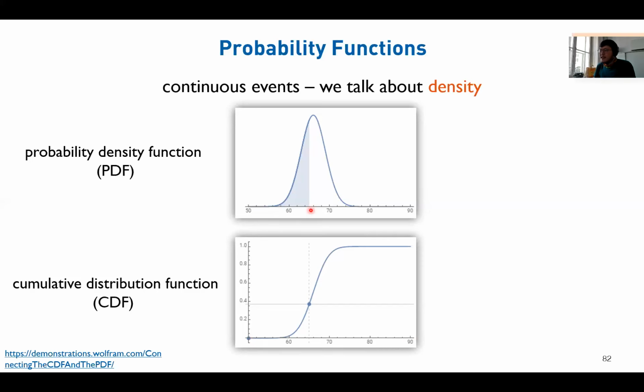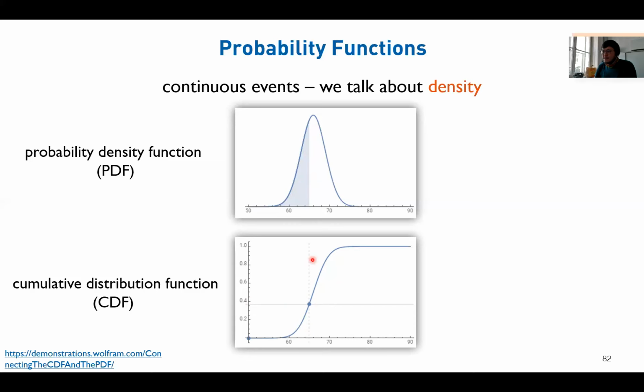And then if I draw a line here, I'm interested in the probability that a number is below 65. As I said, you draw a line here, you calculate the area under the curve, the blue color, and then you get a number. And then you plot this number, the area under the curve below 65, on a y-axis here.